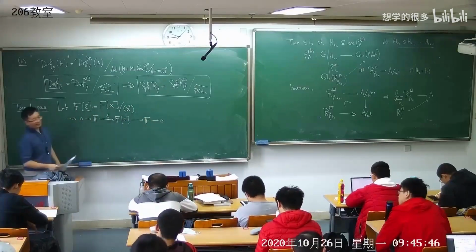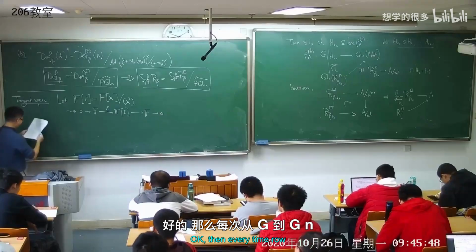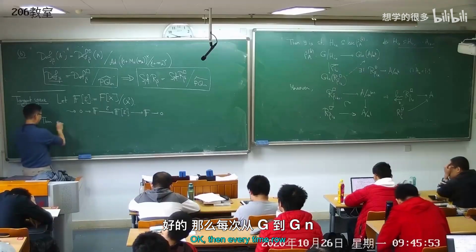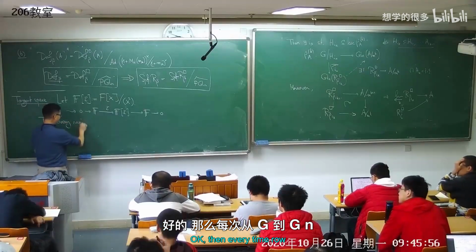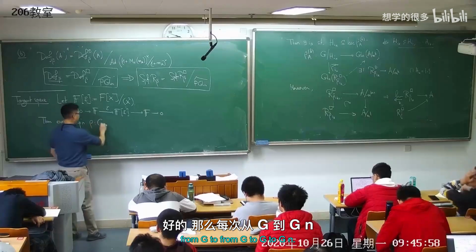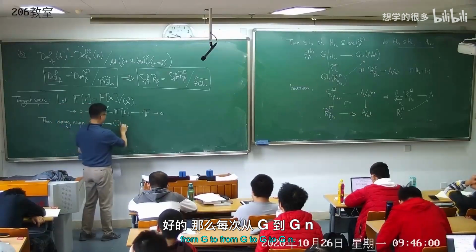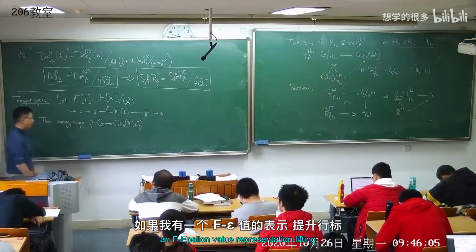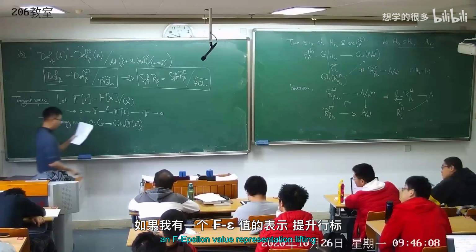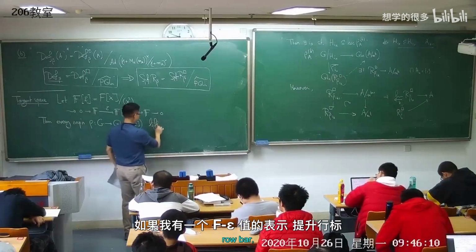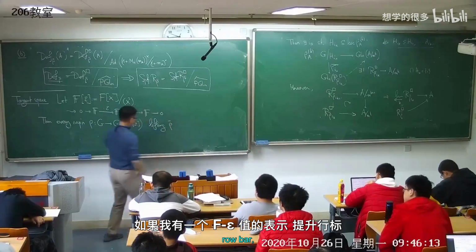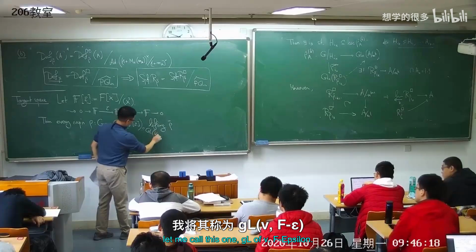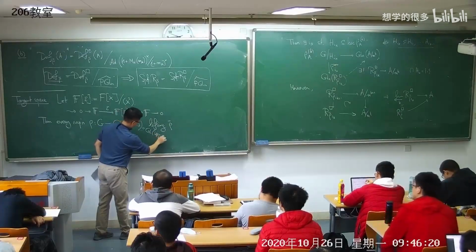Then every time I have rho from G to GL_N, if I have an F[epsilon]-valued representation lifting rho bar, let me call this one GL(V, F[epsilon]).